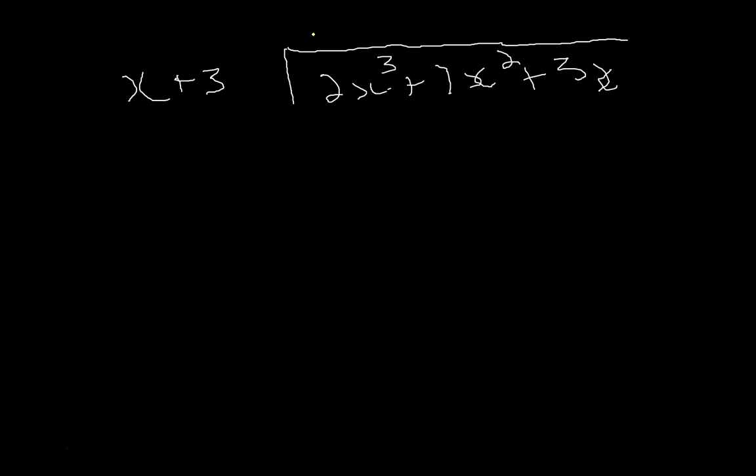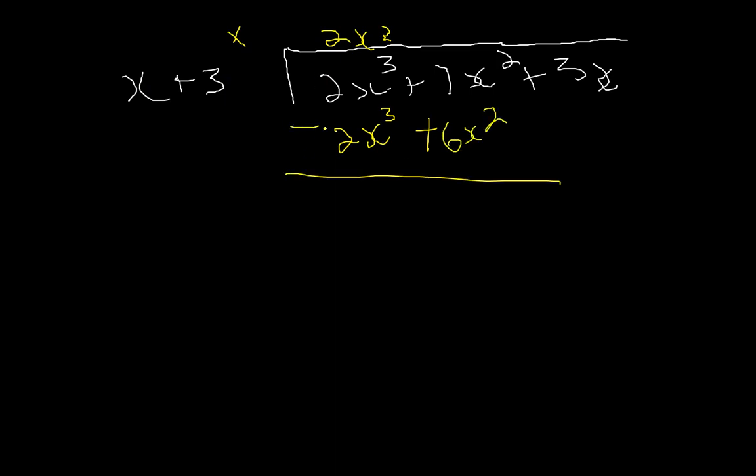X into 2x cubed, that's 2x squared. 2x squared multiplied by x, that's 2x cubed, 2x squared multiplied by 3, that's 6x squared. You always subtract them. This will give me 0. 7x squared minus 6x squared will give me x squared. You bring down the next term.